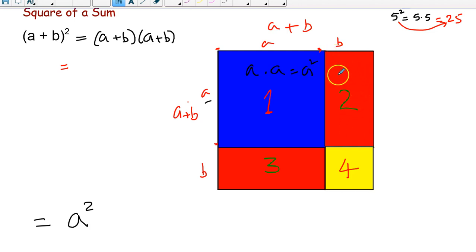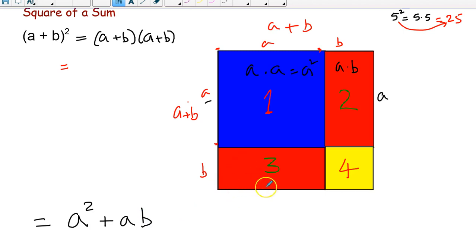The rectangle has a length and a width. Here the length is a, and the width is b. So the area of a rectangle is length times width, that is a times b gives you ab. So let me bring it down here. ab is the second piece.